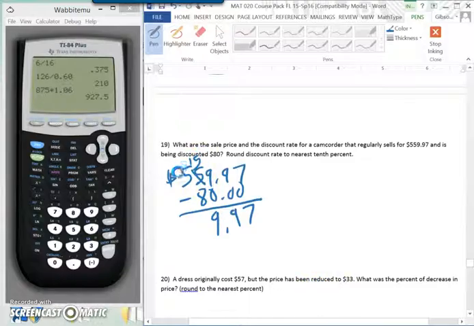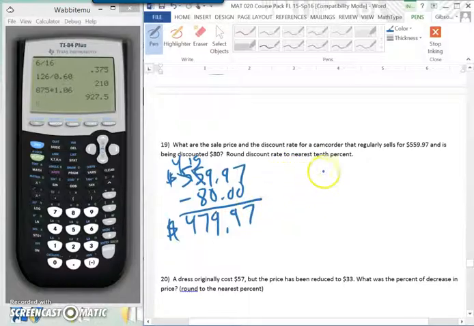So let's see. So this would give us $479.97. Now that takes care of the sales price. Now we want to know what the discount rate is. So this is what we would do.